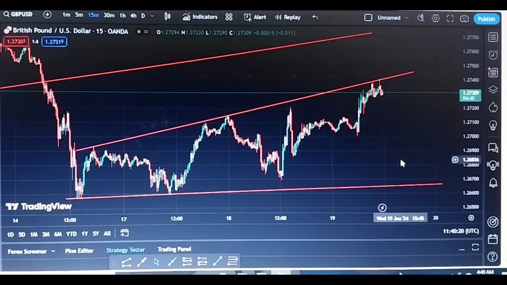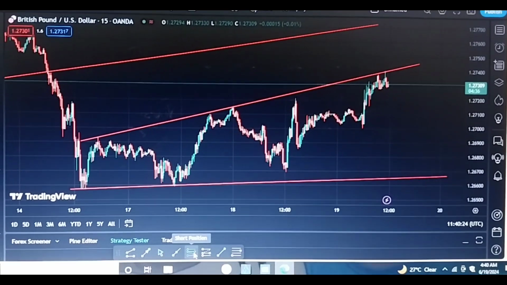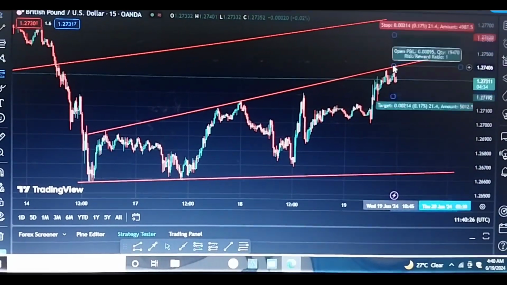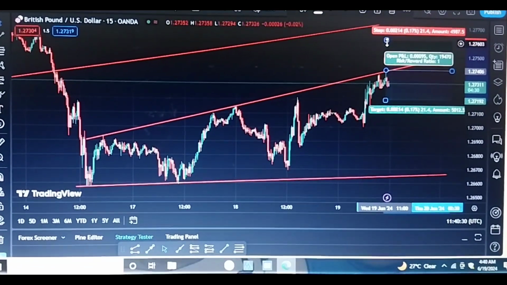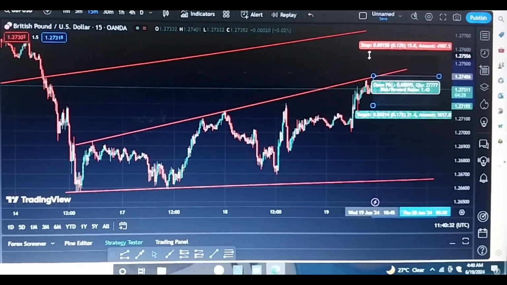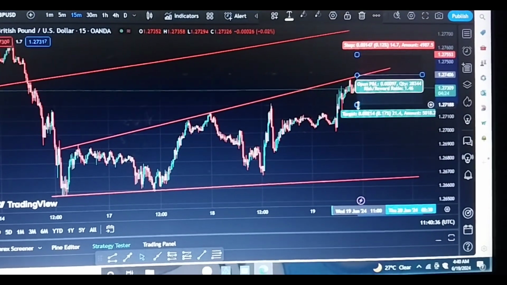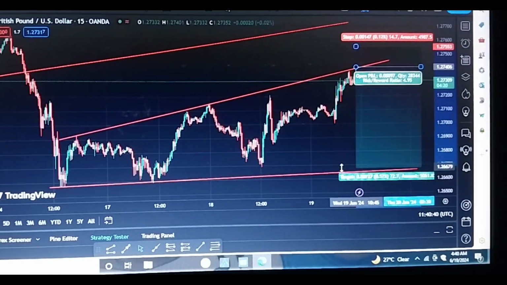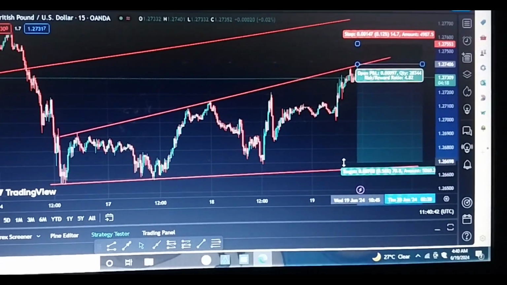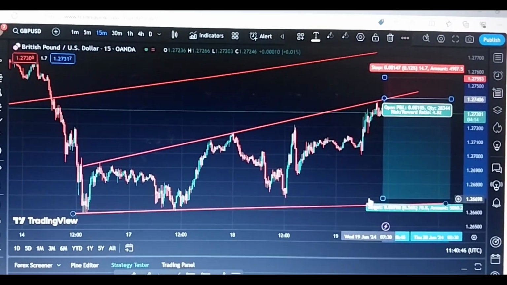So what am I going to do right here? This is what I'm going to do. Let me put my stop loss something like this. Okay, something like this. It's very, very much okay like this.